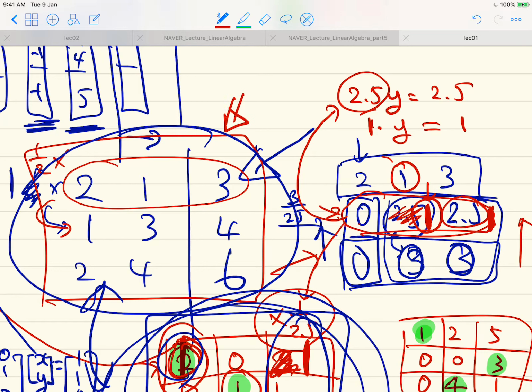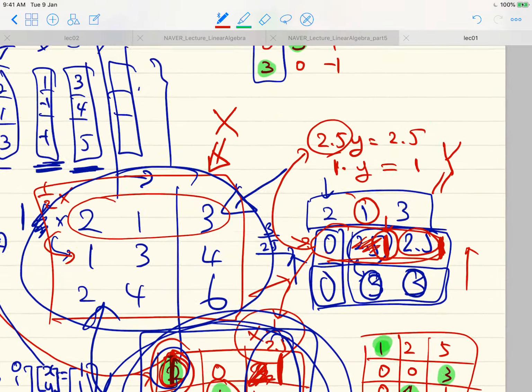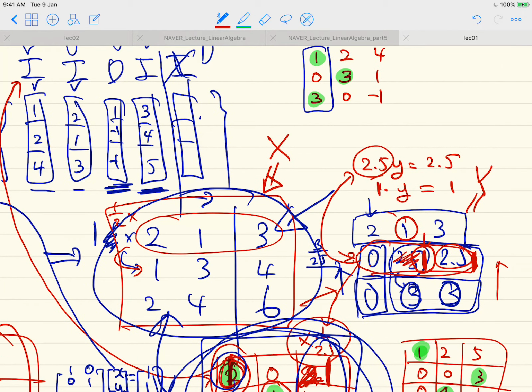In other words, suppose this matrix is X, which is our input matrix, and suppose this is Y, our output matrix. Can we obtain WX equals Y? Of course we can think of X times W equals Y, but this is a row-wise operation, so it should be multiplied on the left.